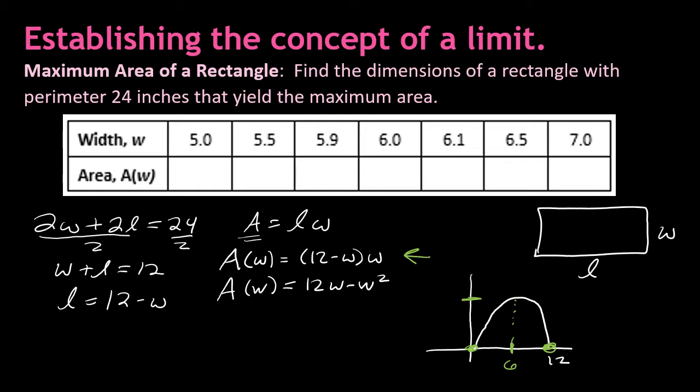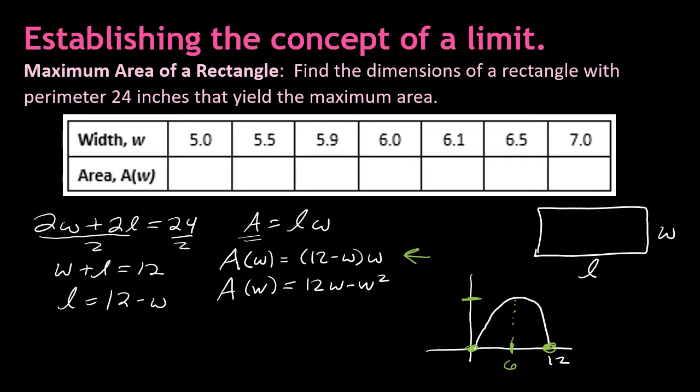It's second window, and I want you to start at 5 and count by 0.1. So instead of counting by ones like we normally do, let's count by 0.1s.